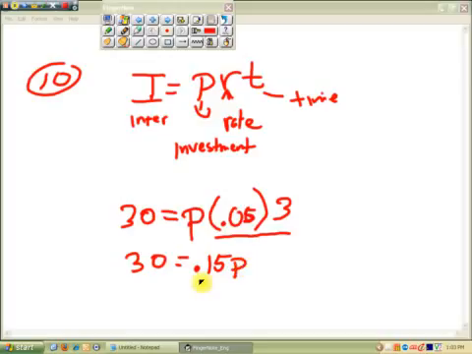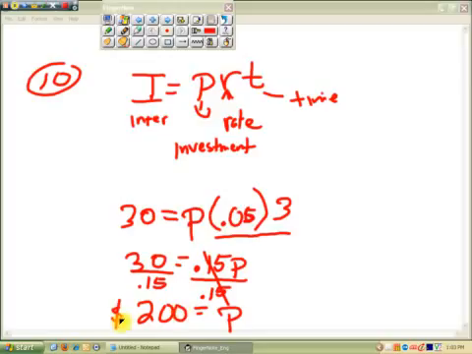Well, if we're solving for P here, we need to get P by itself, so we have to divide by 0.15, because these cancel, leaving me with just P. And when you divide on this side by 0.15, 30 divided by 0.15 is going to be 200. So she initially invested $200, which is answer C on the practice midterm. All right.